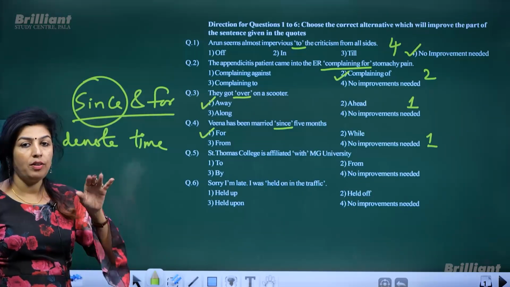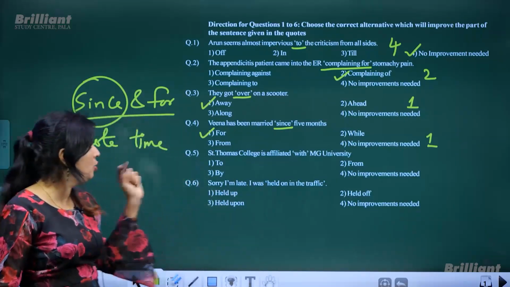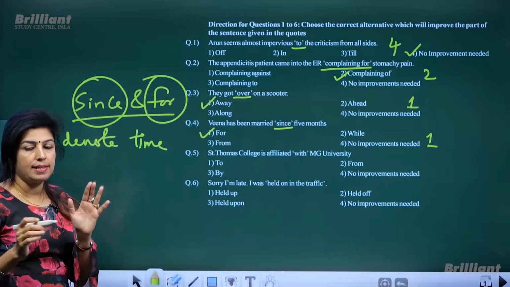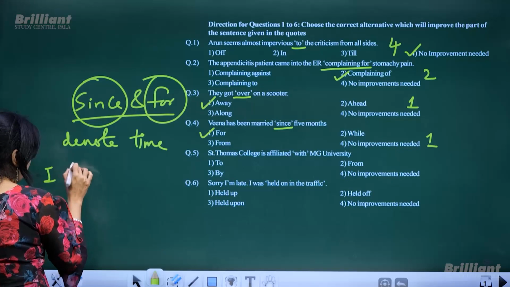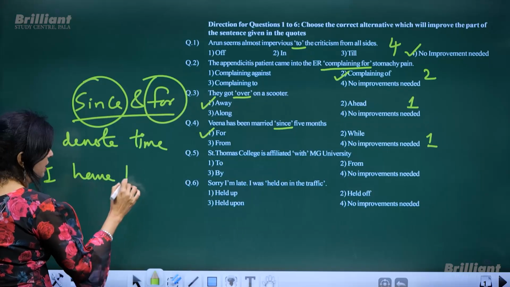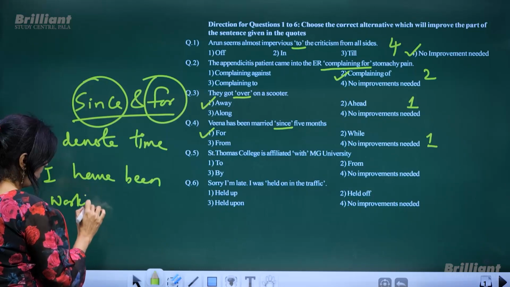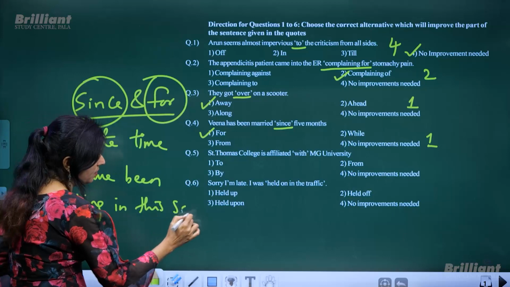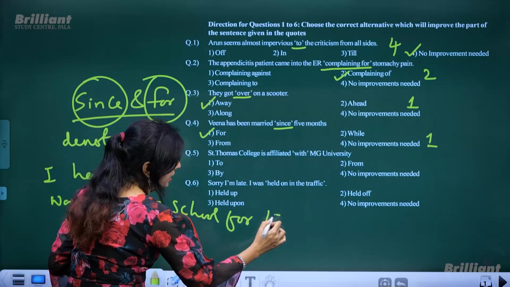And if you have a duration of time, not the precise point, then you need to use for. I'll give you one example: I have been working in this school for 15 years.